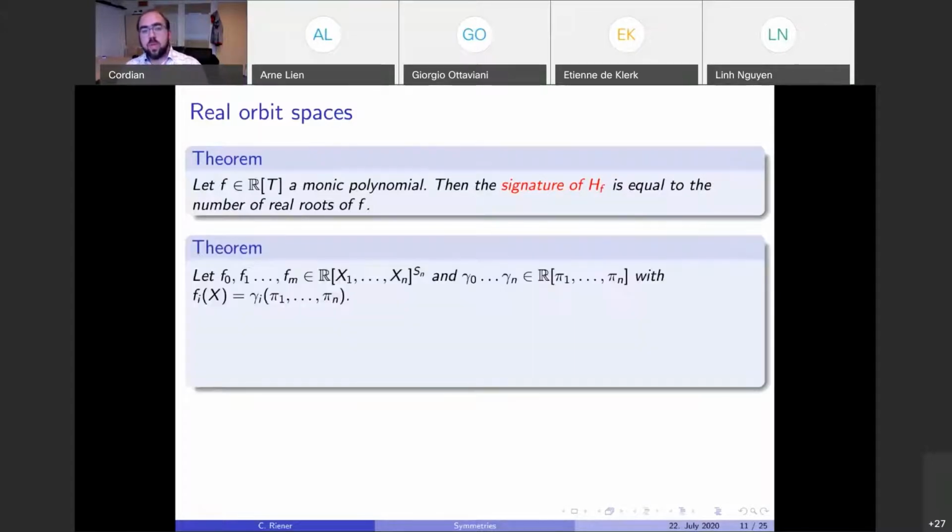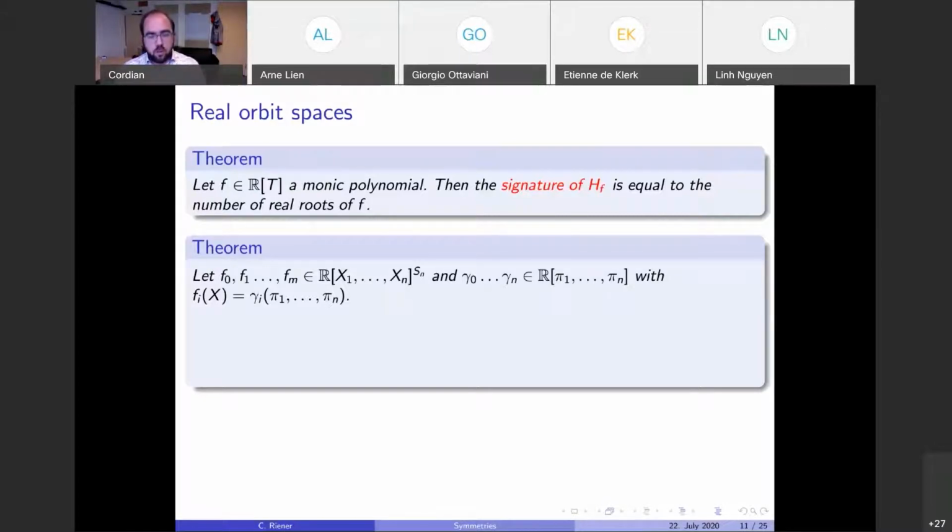In particular, if my polynomial has only real roots, then the signature of this matrix should be the rank of the matrix, and this matrix should be positive semi-definite.